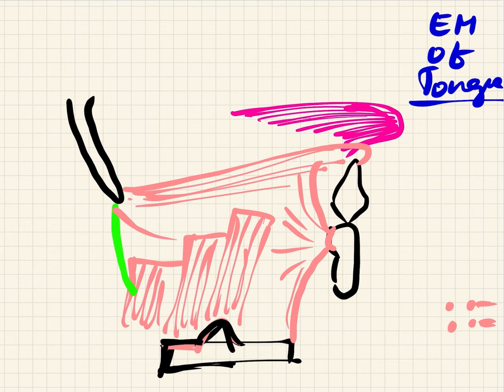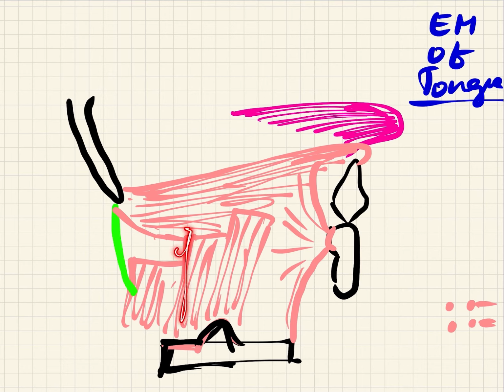This is the styloglossus muscle. It gets inserted to the whole length of the side of the tongue and interdigitates with the posterior fibers of the hyoglossus. Now, what is the action? As it is coming from the back side, it will draw the tongue upward and backward.